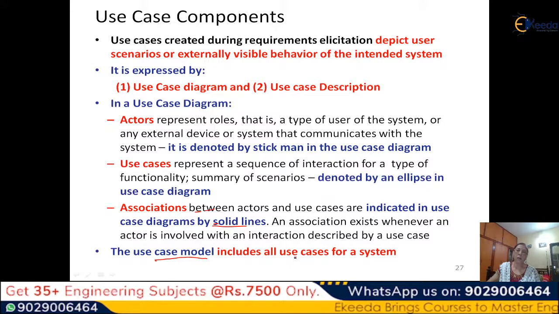So just think of it: if there are multiple roles or multiple users, each one doing multiple functions, there will be so many use cases, and all the use cases together we will call the use case model of the system. And then we will have some use case description, because the diagram cannot give you all the information.